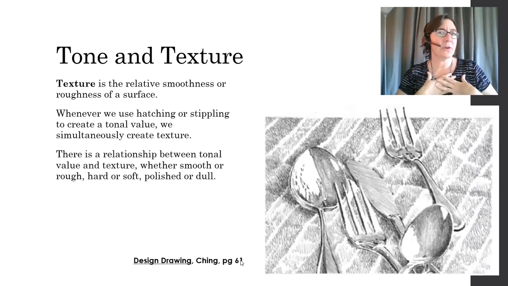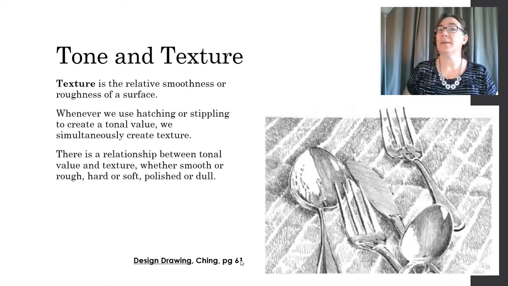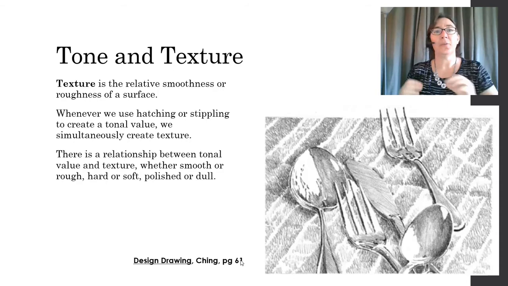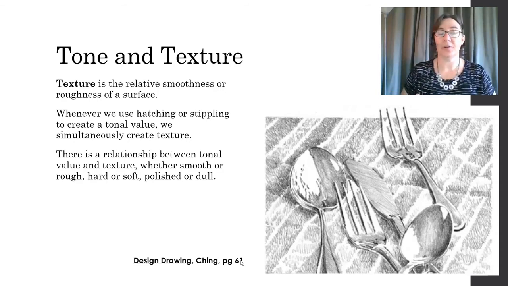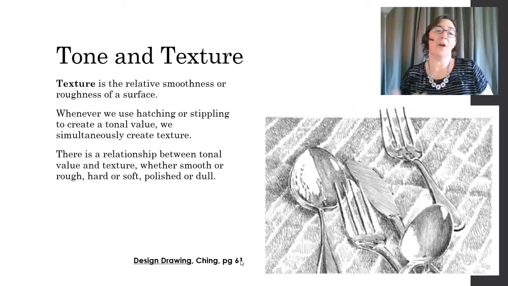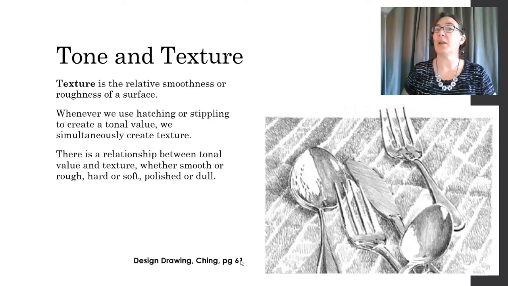Wait, what is texture? Texture is the relative smoothness or roughness of a surface. And whenever we use a value technique such as hatching or stippling, we will create texture in our drawing. And there's a relationship between that value and the texture, which might be rough, hard, soft, polished, or dull.